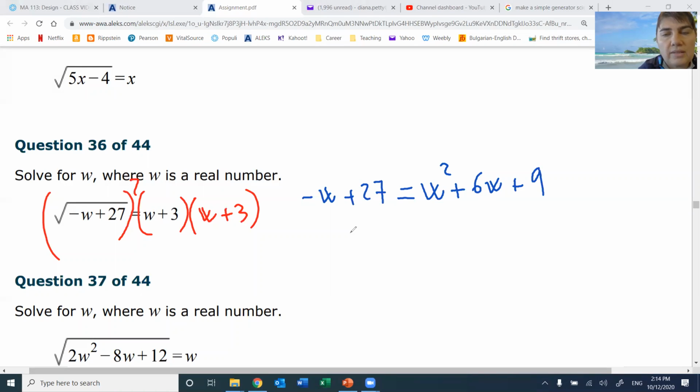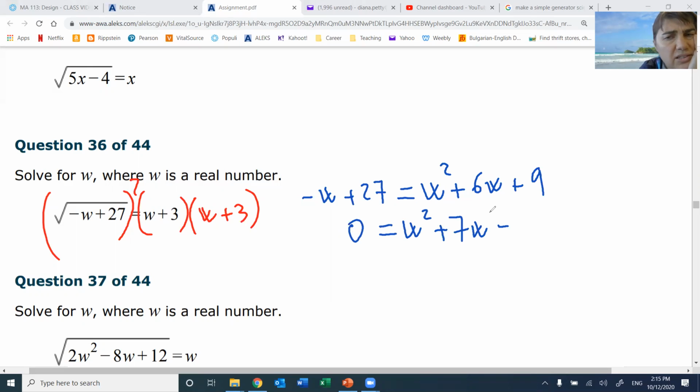So move them on one side. So w squared, because it's quadratic, the first exponent is 2, so you need to set it equal to 0. What is this? 9, 27, 18.